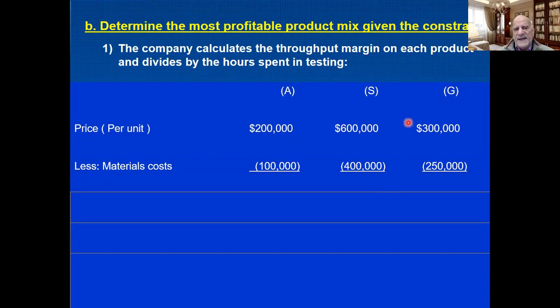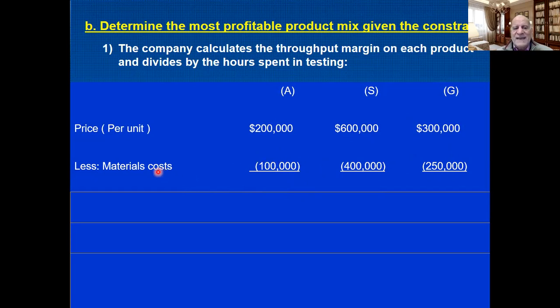We will subtract materials costs, which we consider super variable costs. The materials cost for a unit of product A is $100,000. For products S and G, it is also computed.